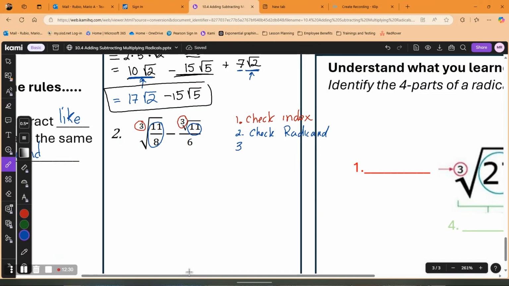And then once we're done with that, we need to simplify, and then we'll solve. Okay. So first I'm going to use the quotient rule here.